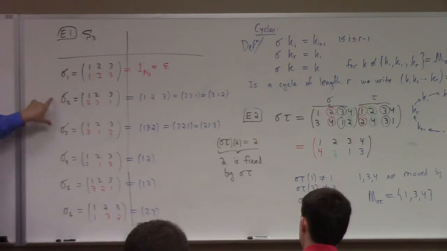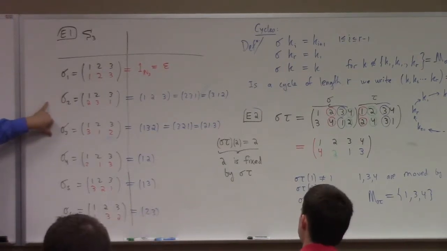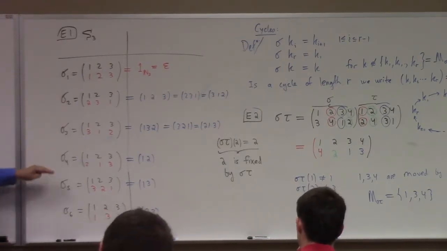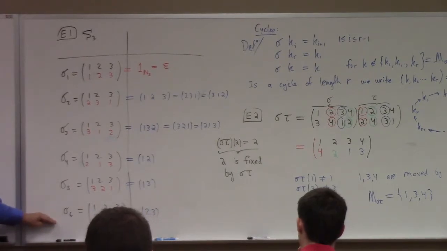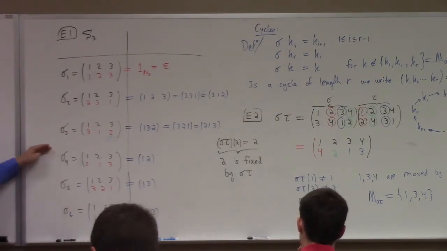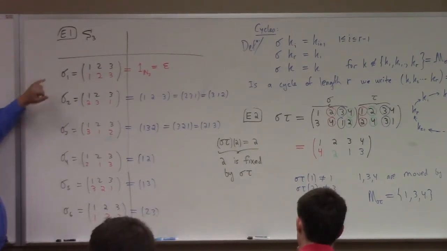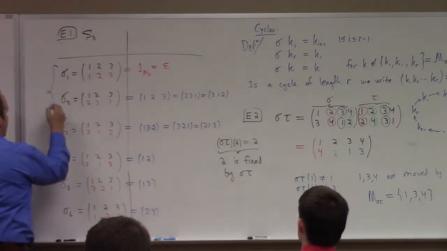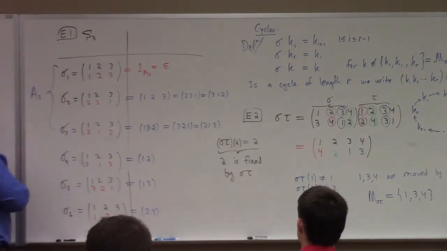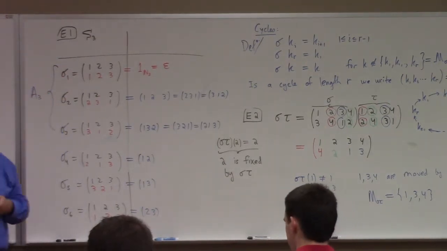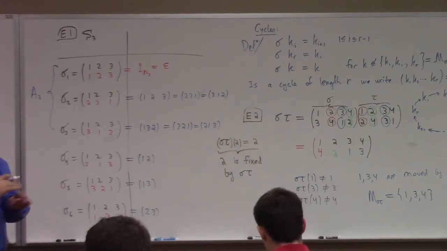We have 2 cycles of length 3. And we have 3 cycles of length 2. I'm sorry, I'm an idiot. The top 3 form what's called A3. A3 is the set of even permutations in S3.